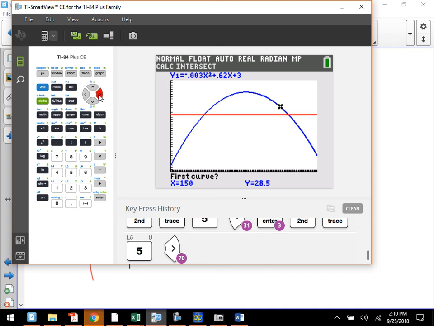Almost there. Is that what it was? 161 and change. So the fire ring can be either 45.5 feet away from the fire, but if that's too hot, he can be 161.16 feet away from the fire. It doesn't burn his toes.